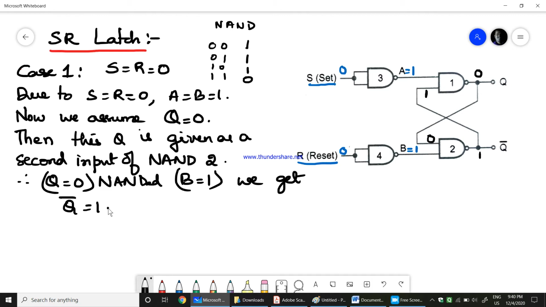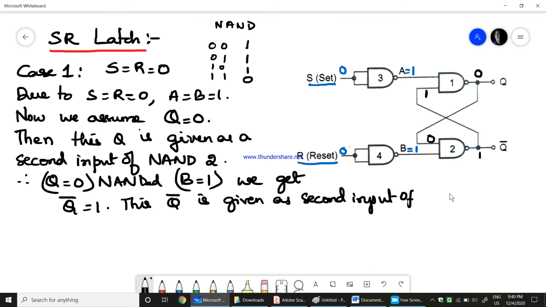This Q bar is given as the second input of NAND gate 1.